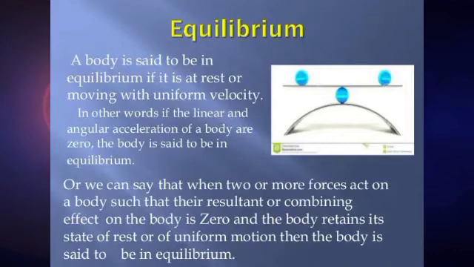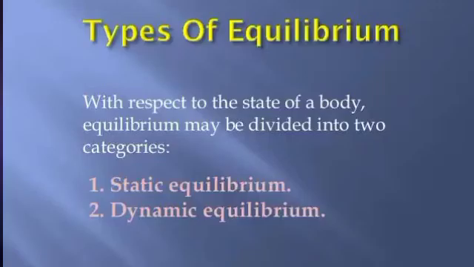In other words, if the linear and angular acceleration of a body are zero, the body is said to be in equilibrium. Or we can say that when two or more forces act on a body such that their resultant or combining effect on the body is zero and the body retains its state of rest or of uniform motion, then the body is said to be in equilibrium.